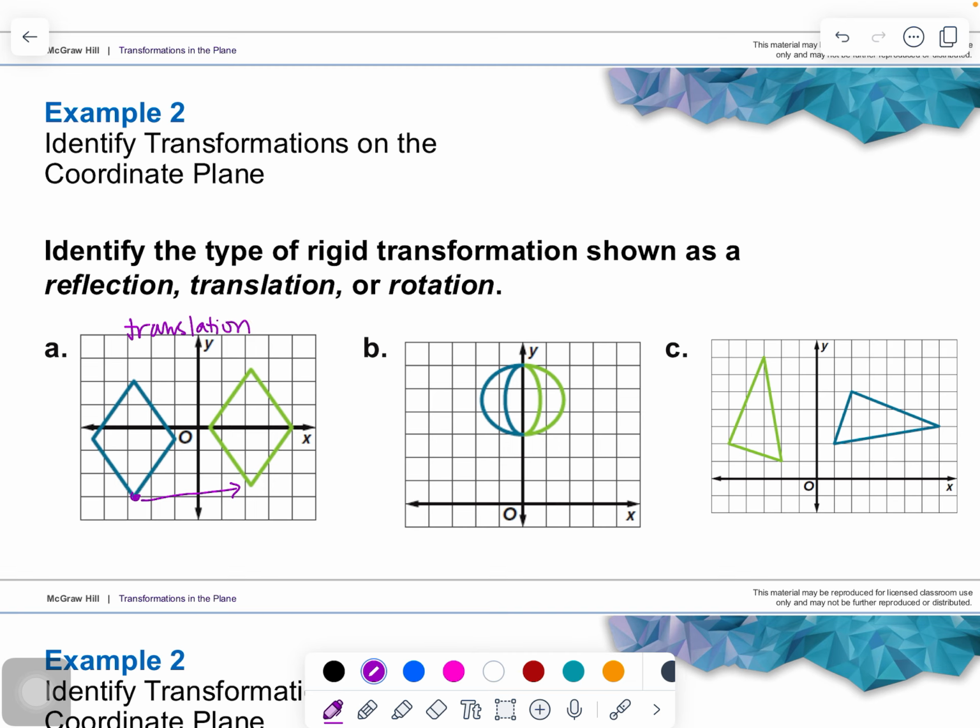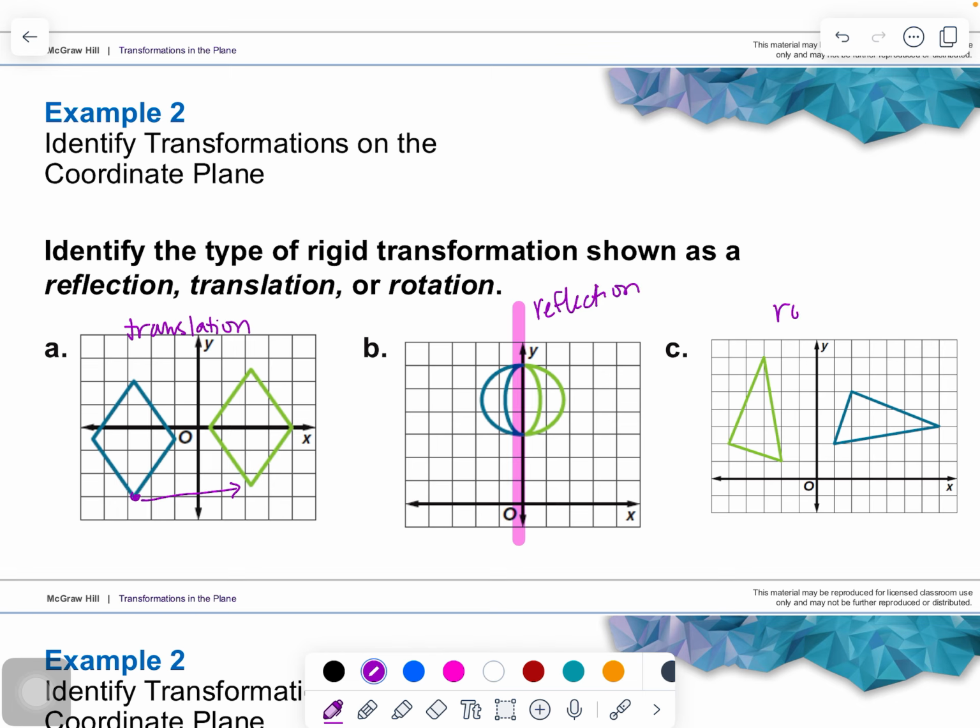Now for B, it appears as if there is a line of reflection right down the middle, and it reflected across it. The whole thing got flipped. So this one's reflection.